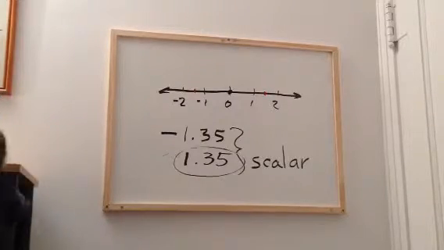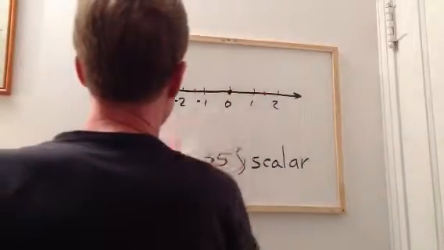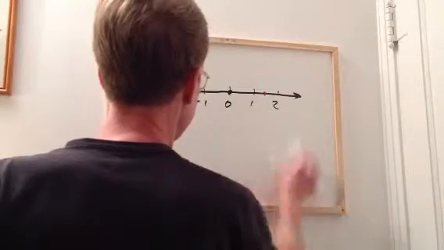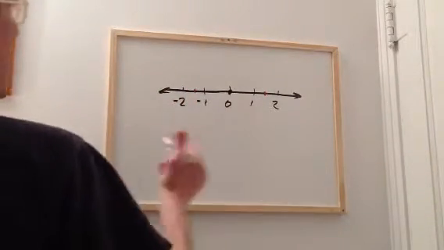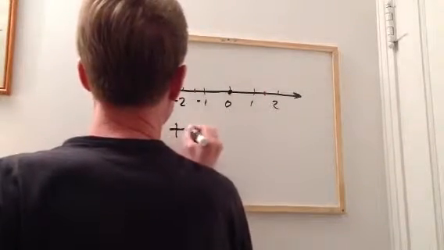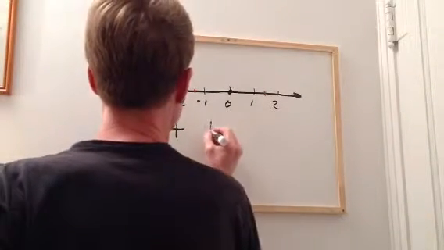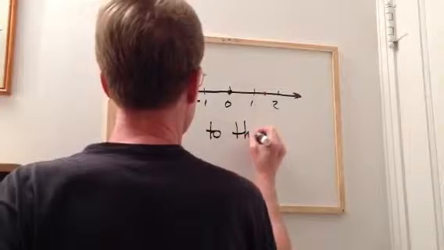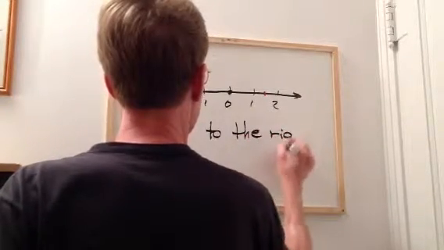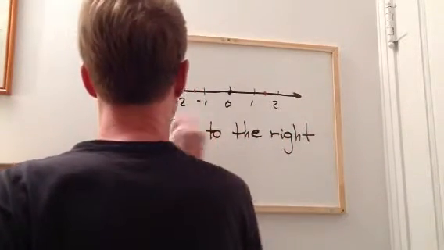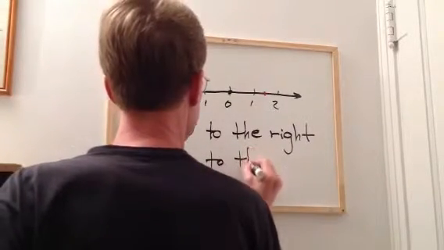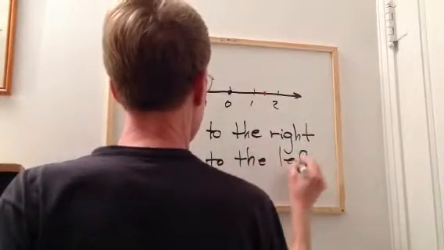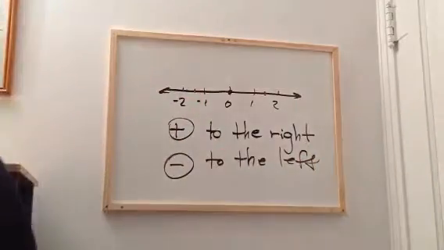However, if we want to seriously start talking about positive and negative and differentiate them, we might say that positive numbers go to the right, negative numbers go to the left of zero.